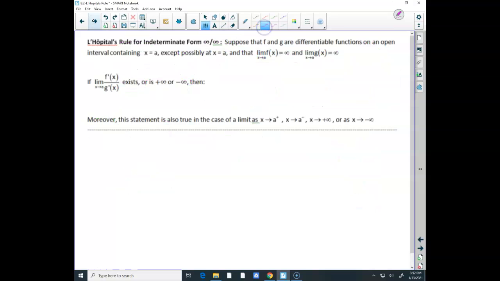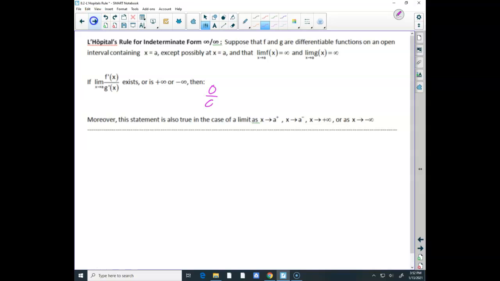And what we're going to do is L'Hopital's rule for indeterminate forms of negative infinity to infinity. All that means is not only is 0 over 0 an indeterminate form, so is any form of infinity over infinity.